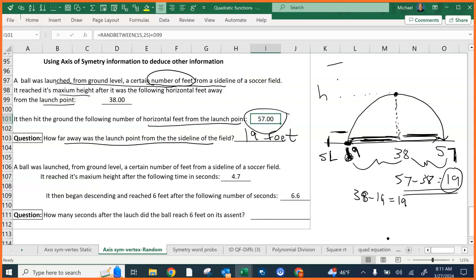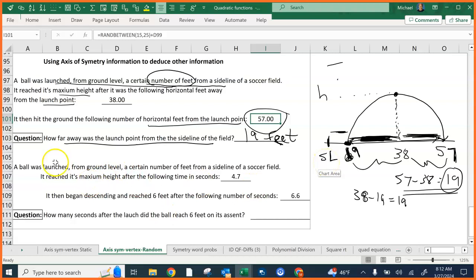I'm going to be honest with you, something about this doesn't seem right. I'm going to double check it. But for now, I'm going to assume it's right that in order for this distance from here to here to be the same, we know for sure the maximum was 38. We know that it hit the ground from there. And so it would be 19 feet away.